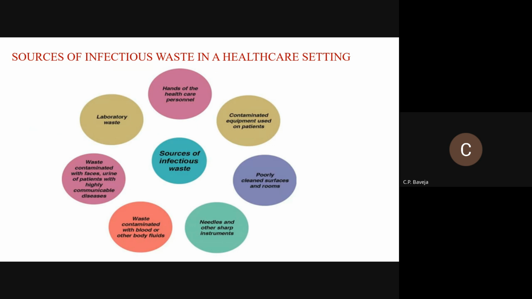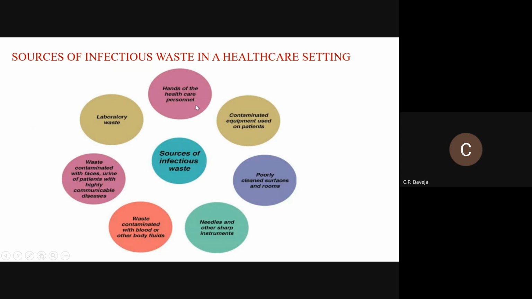Then sources of infectious waste in a healthcare setting, whether it's a hospital or some other setting. We have already discussed so many sources, but here you may think of the sources of infection. Hands of the healthcare personnel, and that's why hand hygiene is very important.